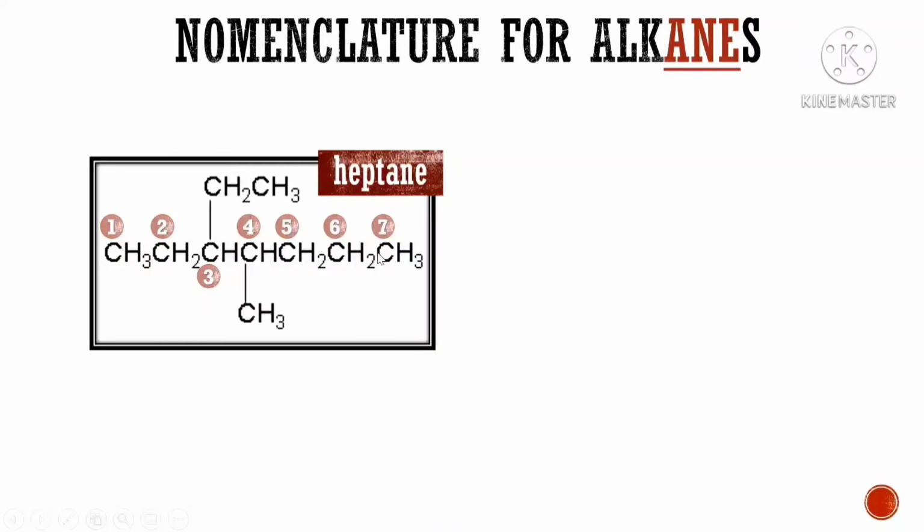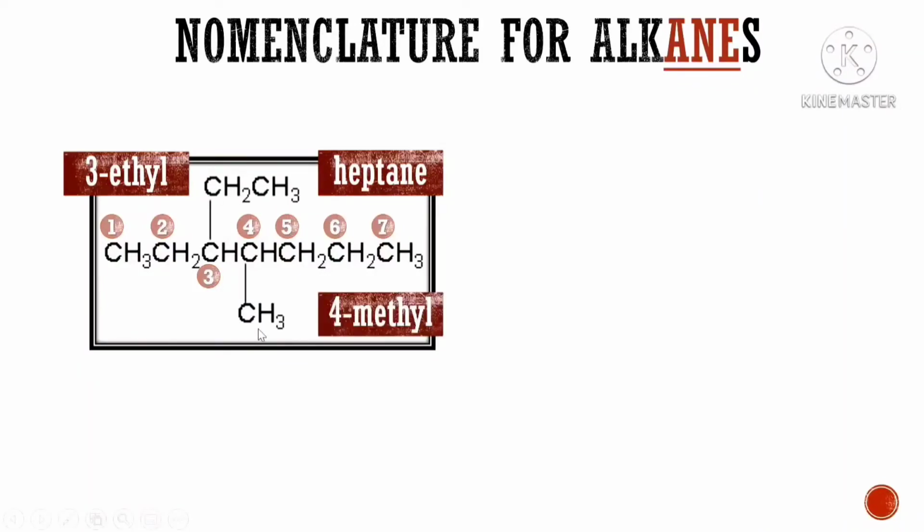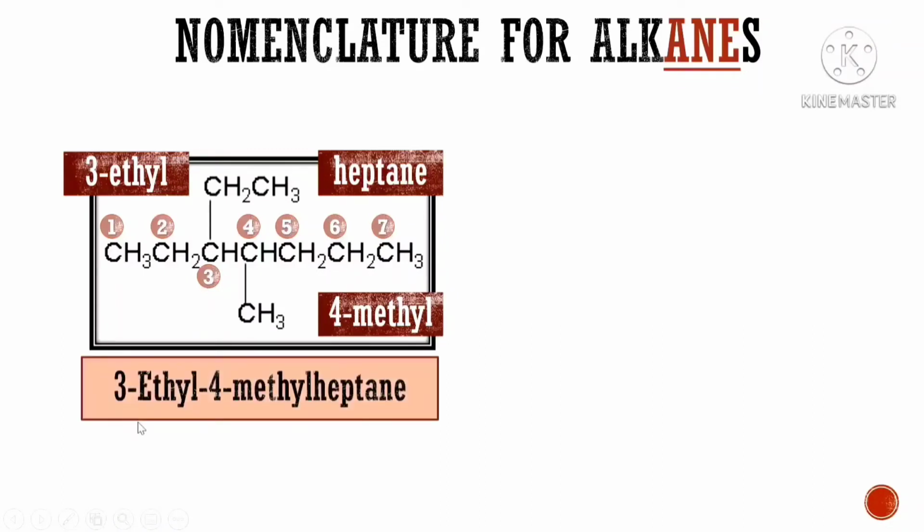Since there are 7 carbon atoms in the parent chain, it's called heptane. At carbon number 3, we have an ethyl group, and at carbon number 4, we have a methyl group. So the name of this molecule would be 3-ethyl-4-methylheptane.